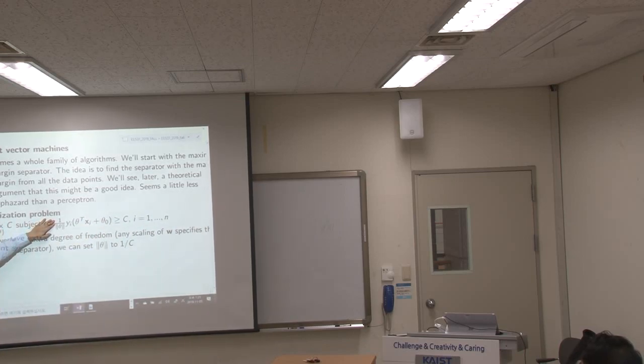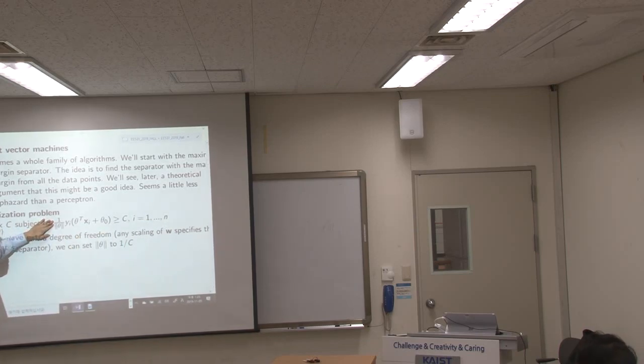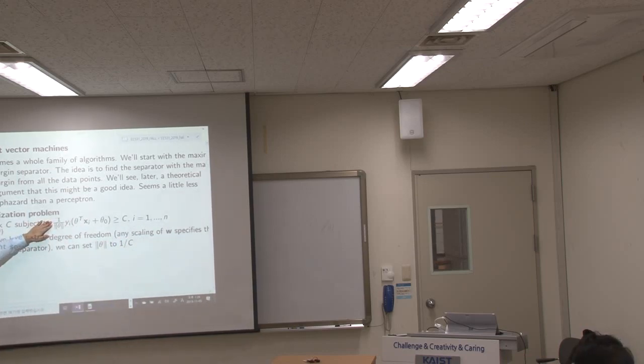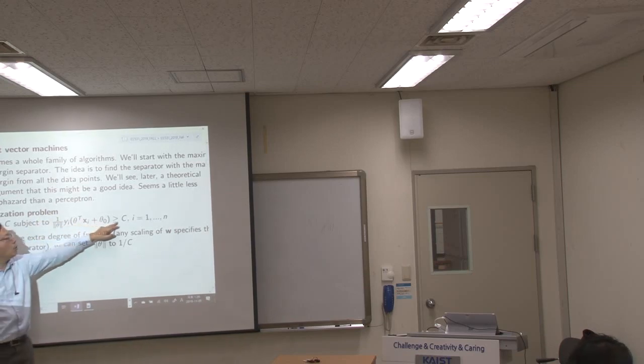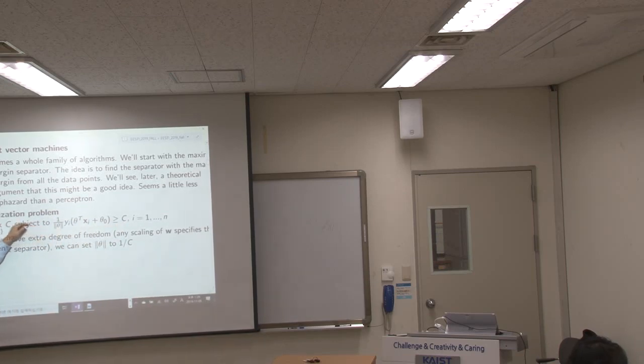Geometric margin being greater than C for i equals 1 to N. So how many training data do I have? N training data. I'm looking at all the geometric margin of each of the data, and I want that geometric margin to be greater than C. Right? That's what it's saying.